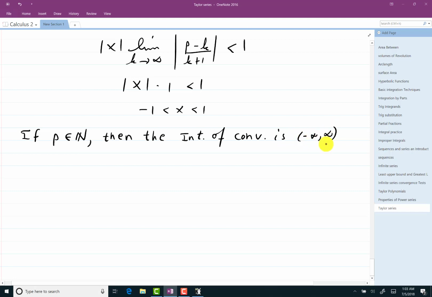Well, we assumed that wasn't the case anyways, but then we have all sorts of other complications. If p is less than or equal to negative 1, then the I of c equals negative 1 to 1.